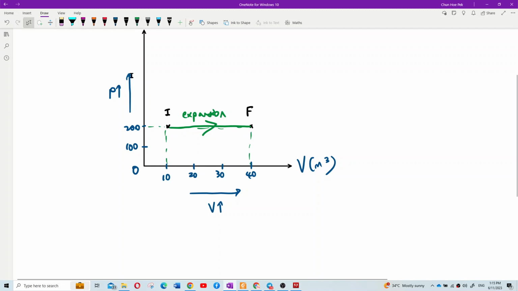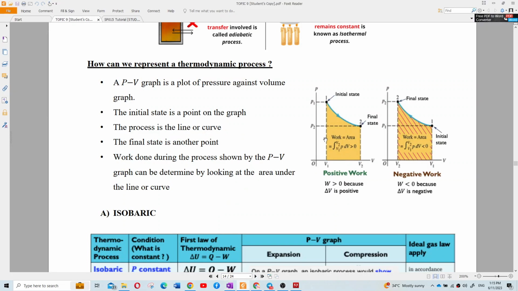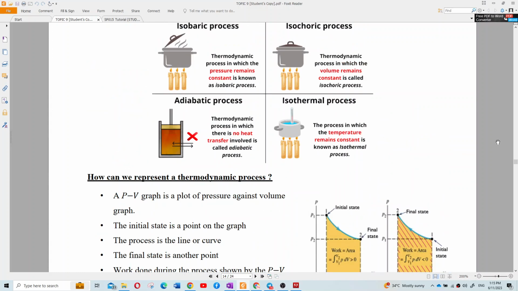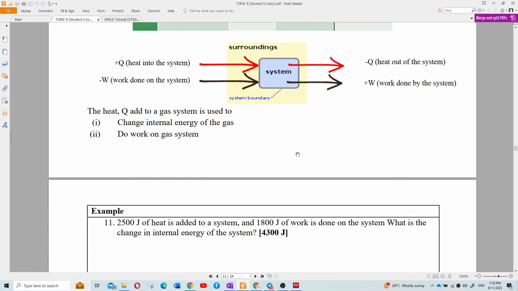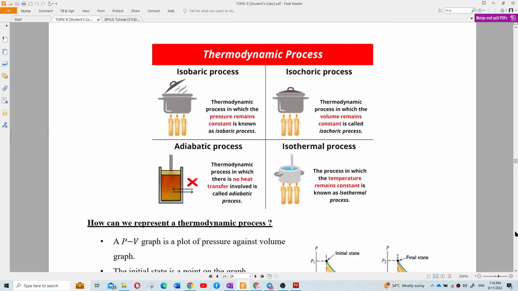Expansion. So remember I told you about the area under the graph. What is meant by the area under the PV graph? Work done. And you also learned that if expansion, it is positive work done. If compression, it is negative work done. This work done is represented by the area under the graph.